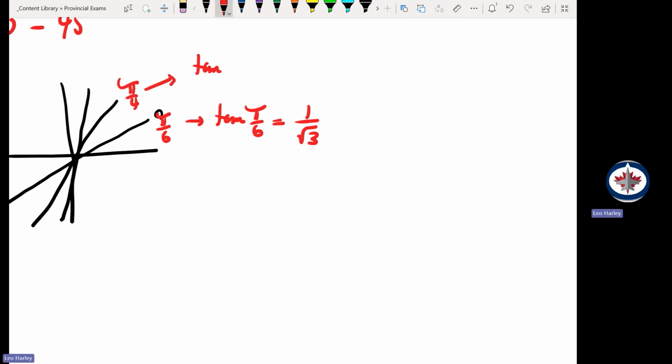And then tan of pi by 4 is where the horizontal component and the vertical component are the same, so it's equal to 1. And the tan of pi by 3 is the steep one, so it's √3/1.